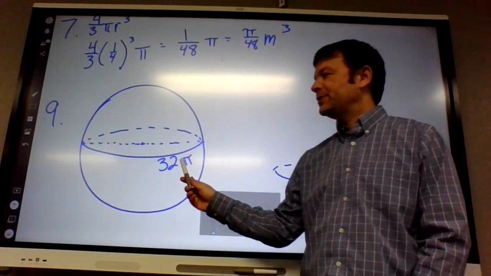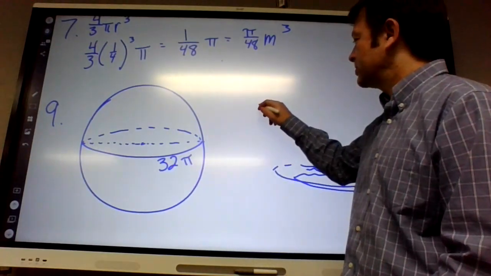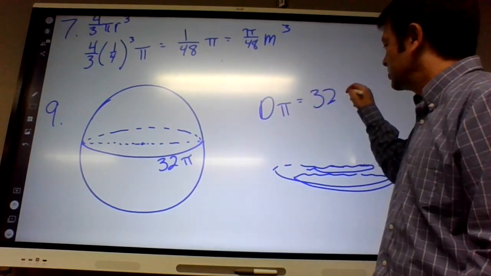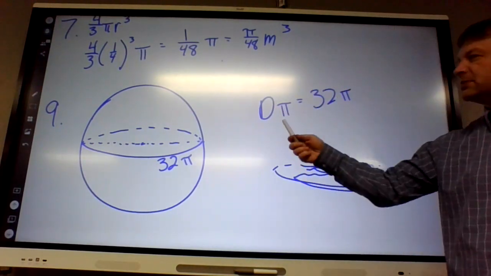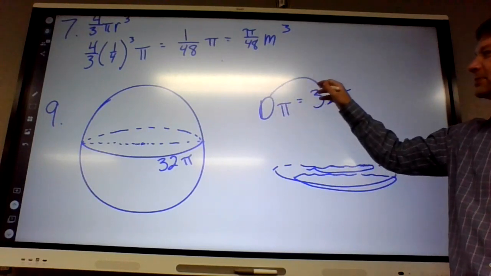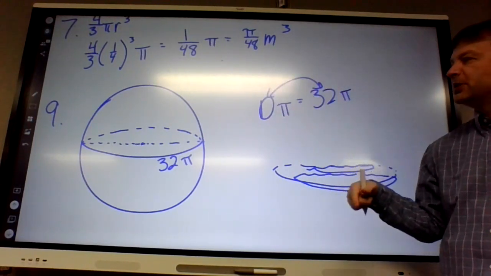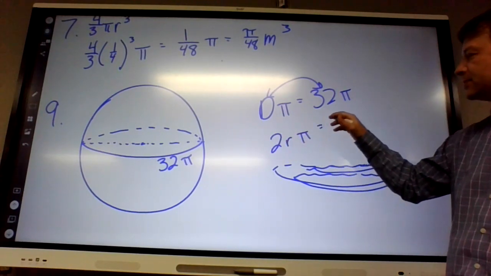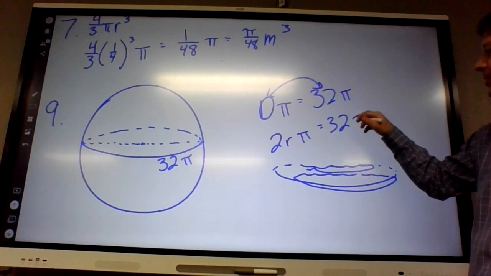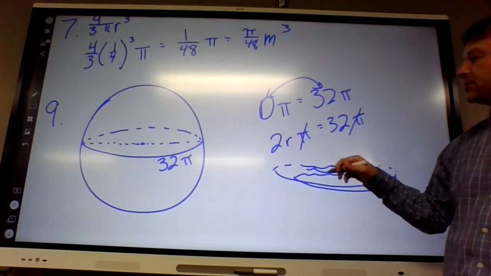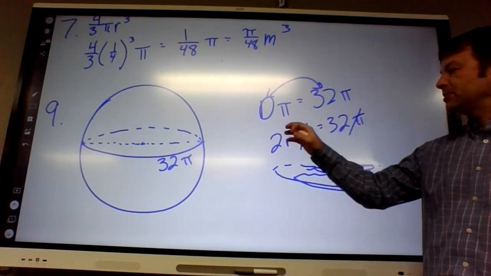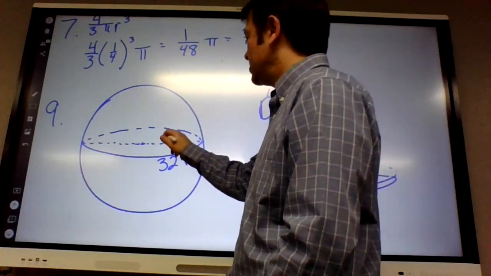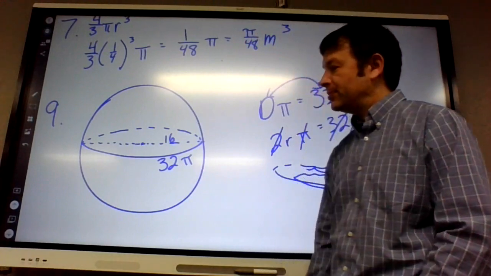So if the circumference is 32 pi, then what must the diameter be? 32. Or you could do this: 2r pi equals 32 pi. Divide by pi, this is for the radius, divide by 2. 32 divided by 2 is 16. Anyway, the radius of the sphere would be 16.